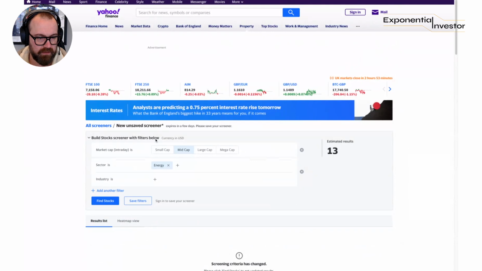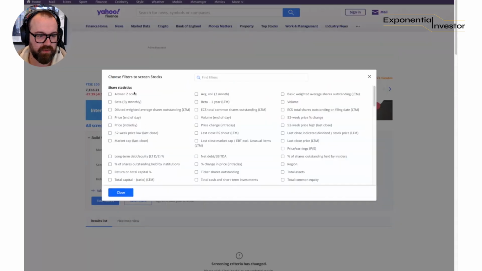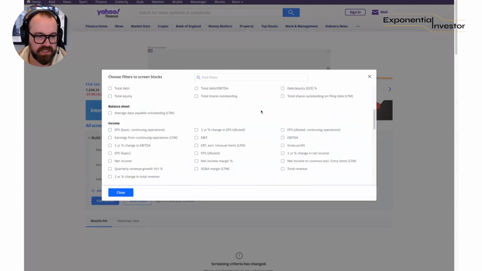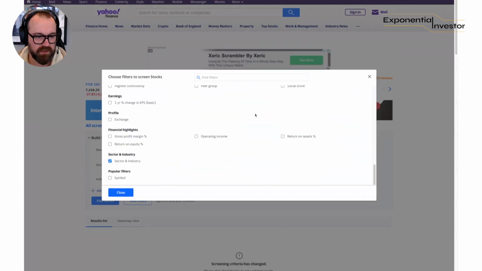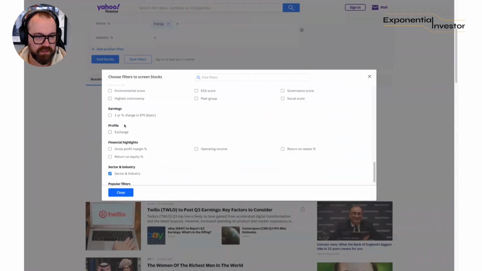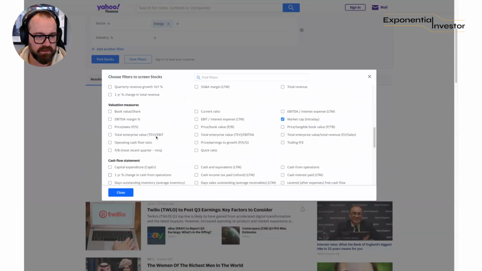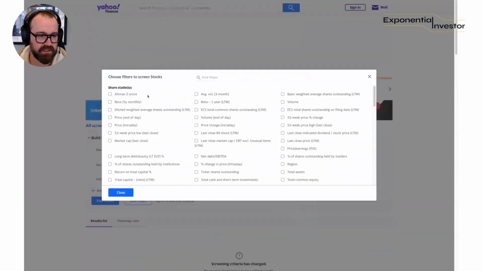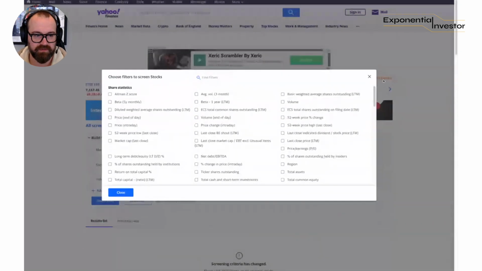Get rid of that. We want to add some filters. When you go to add filters, you can see all the different things you can add here: sector and industry, exchange, dividend and splits, valuations, share statistics, loads of different stuff.